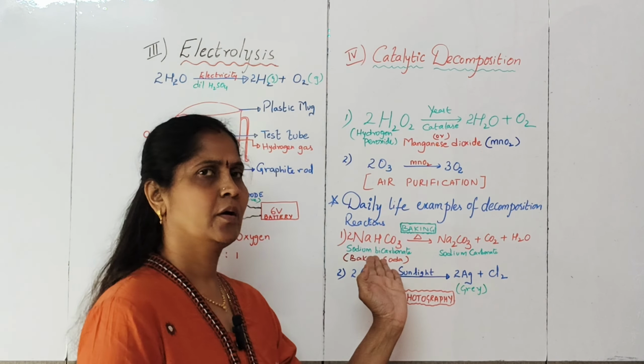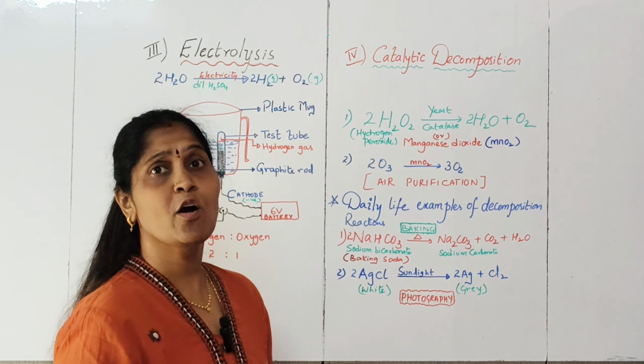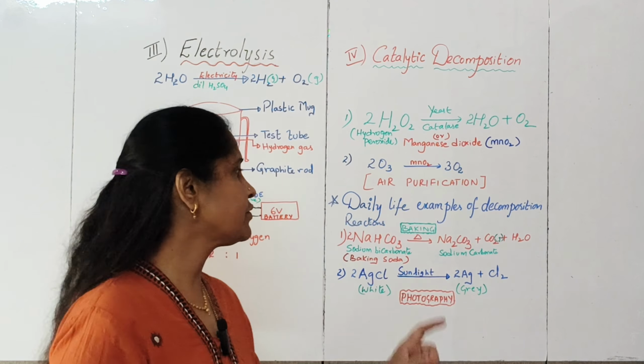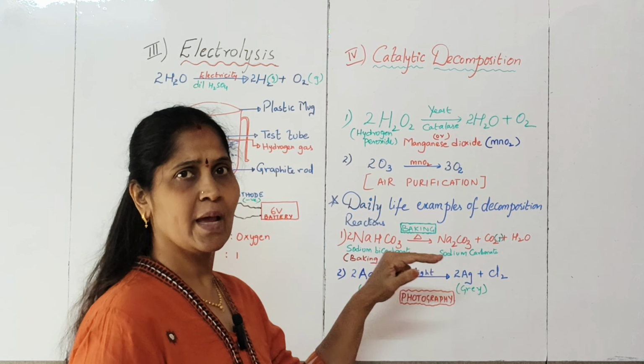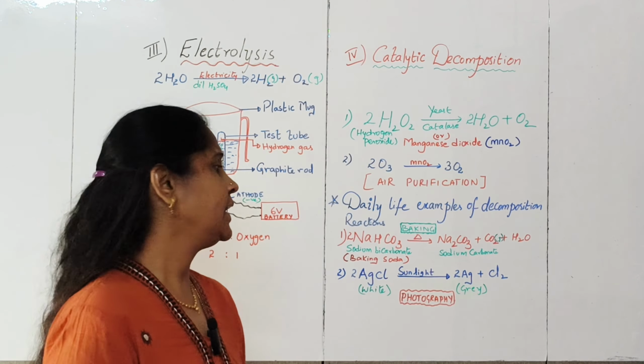When this baking soda is heated, it forms sodium carbonate, carbon dioxide and water. Because of this carbon dioxide gas, the food puffs up. That puffing happens because of the carbon dioxide being released. So this is a very good example wherein we use the decomposition reaction in our daily life.